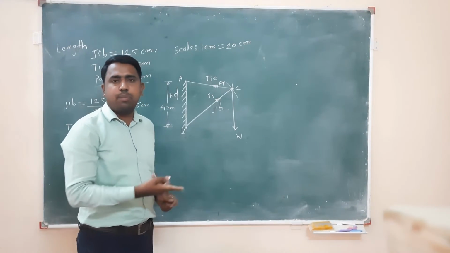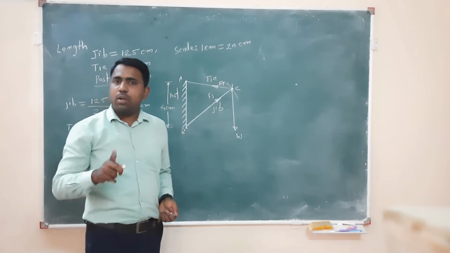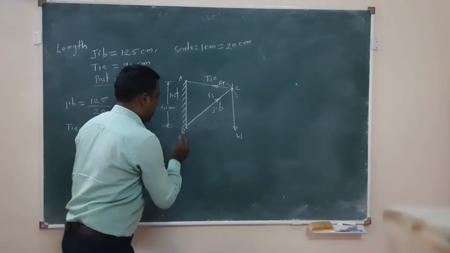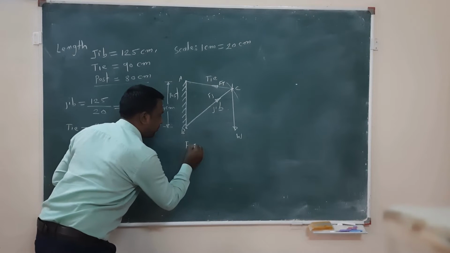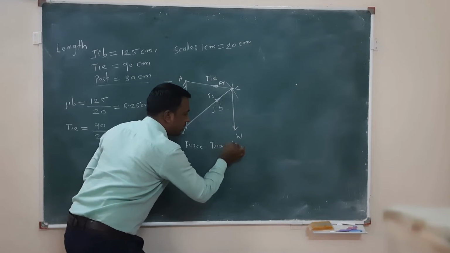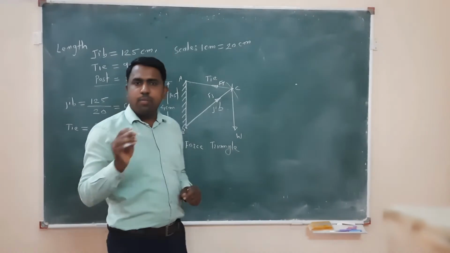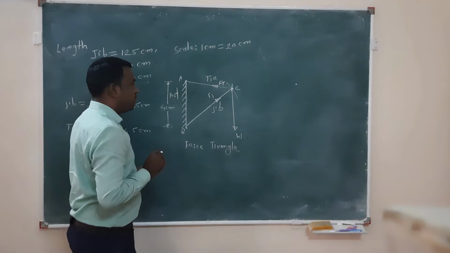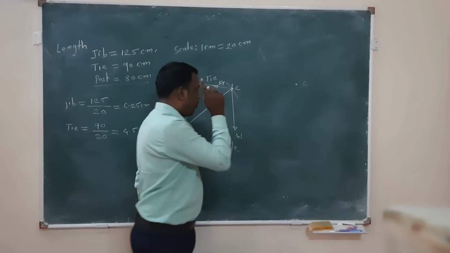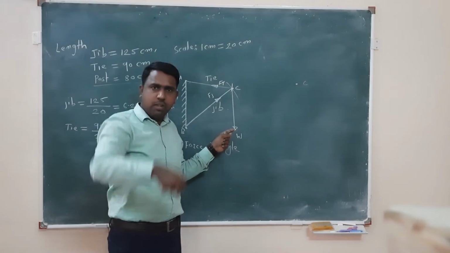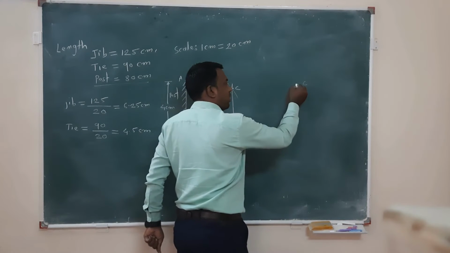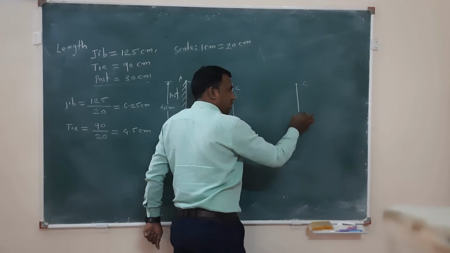Now we have to draw the space diagram where we have to find out the angle between the forces. तो क्या करना है कि इसके बाद with the help of these force triangles we have to draw the space diagram to show the angle between the forces. तो angle between the forces निकालने के लिए आप फिर से यहाँ पे पॉइंट शुरू करेंगे C. C के ऊपर डाउनवर्ड डायरेक्शन में straightly in the downward direction the load is acting, that is W. So show here the line W which is in downward direction.